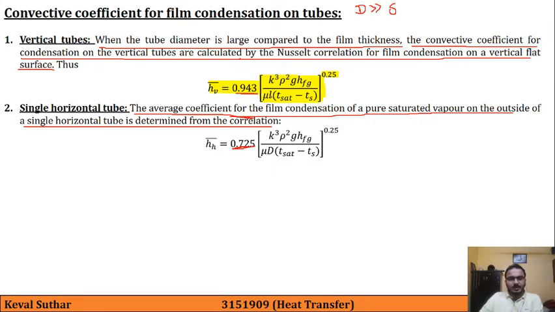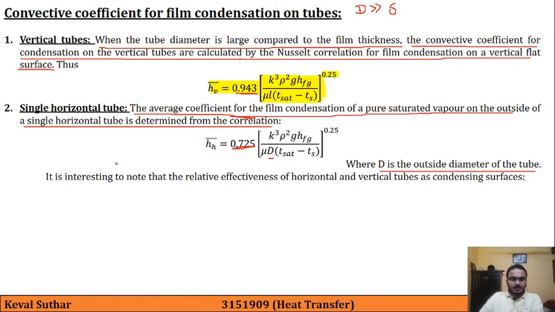Then instead of length L, which was present in the vertical tube, we have diameter D, where D is the outside diameter of the tube. It is interesting to note that the relative effectiveness of horizontal and vertical tubes as condensing surfaces is given by this formula.